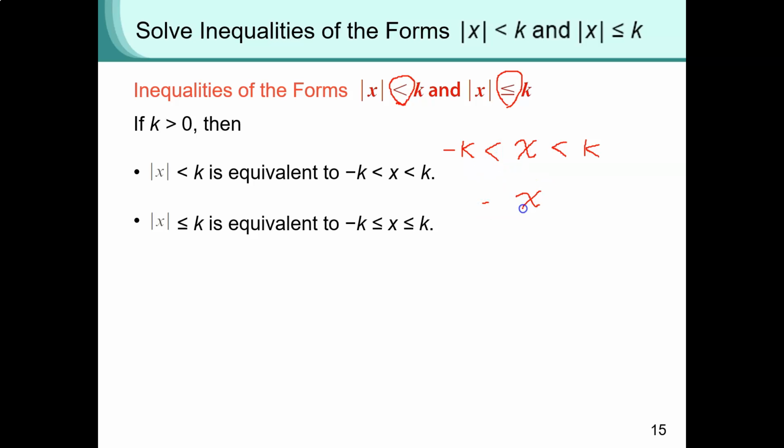So when you have x is less than or equal to k and greater than or equal to negative k. When you have the less than or less than or equal condition, you rewrite your absolute value inequality into these two different types of form based on the direction of the symbol, and whether you have the equal sign or not.